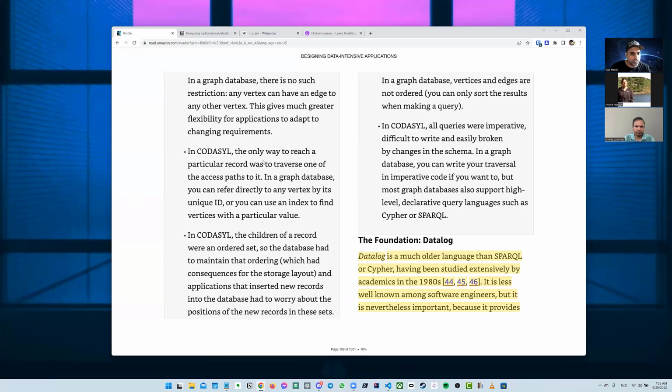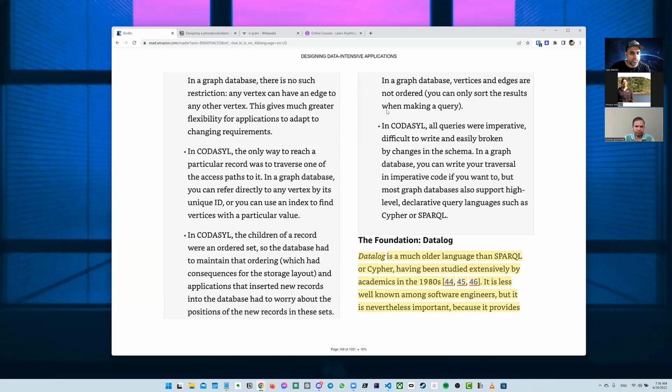In CODASYL, the only way to reach a particular record is to traverse one of the access paths to it. In a graph database, you can directly refer to a vertex by its unique ID or an index. In CODASYL, the children of a record were an ordered set, so the database had to maintain that ordering. In a graph, vertices and edges are not ordered. You can sort results when making a query.